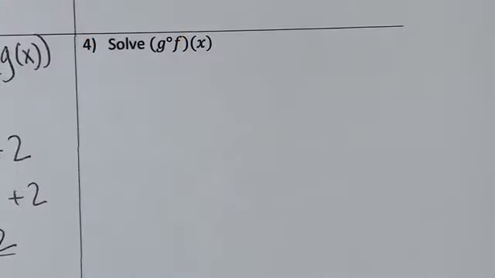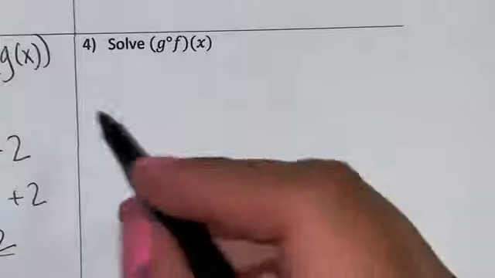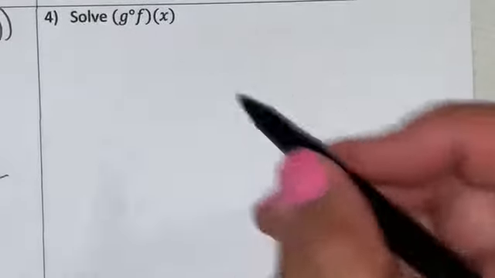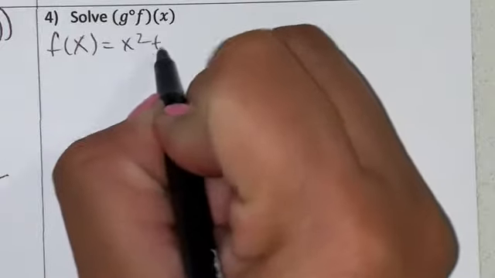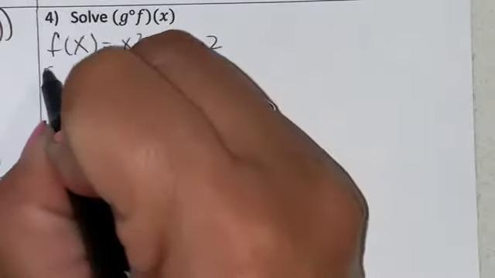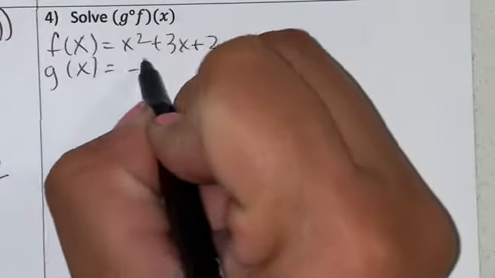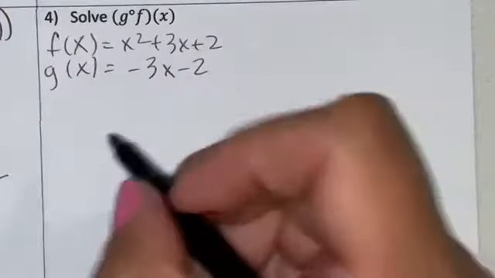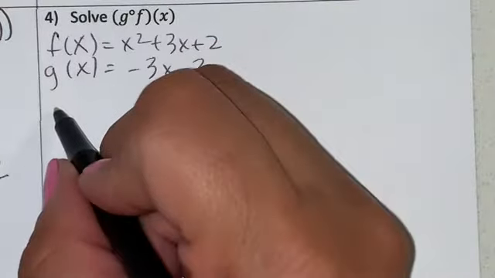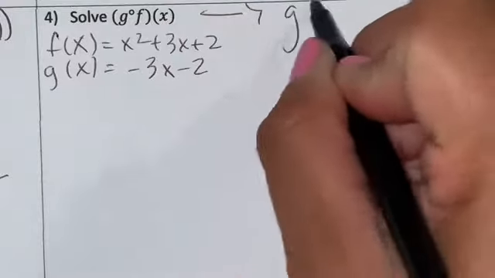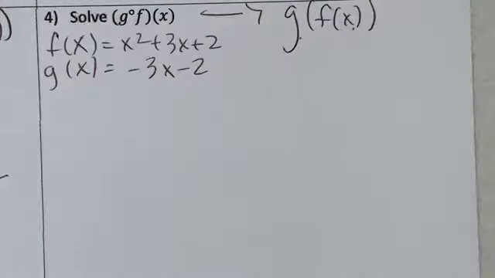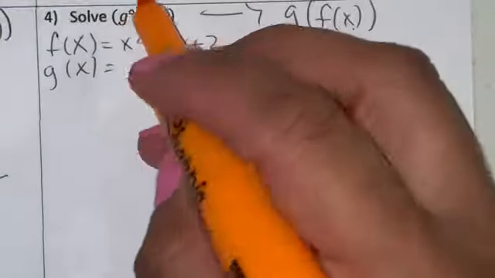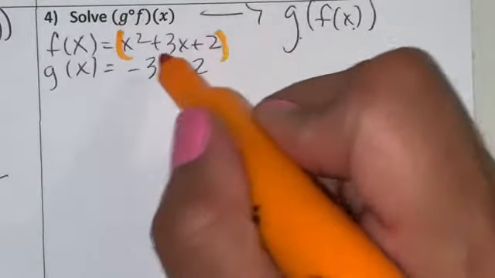Here's number 4. This is g of f of x. So f of x equals x squared plus 3x plus 2. G of x equals negative 3x minus 2. And then we're going to say that that's the same thing as g embedded, where f of x goes into g. So all of this goes right here.